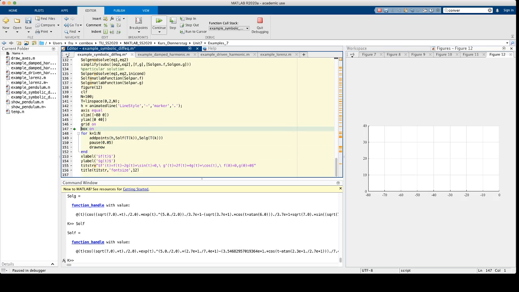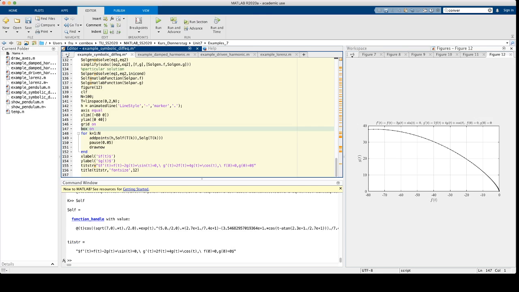We start at the origin, which is in the lower right corner of the figure in figure window 12. And we see how the solution evolves as a function of the time.